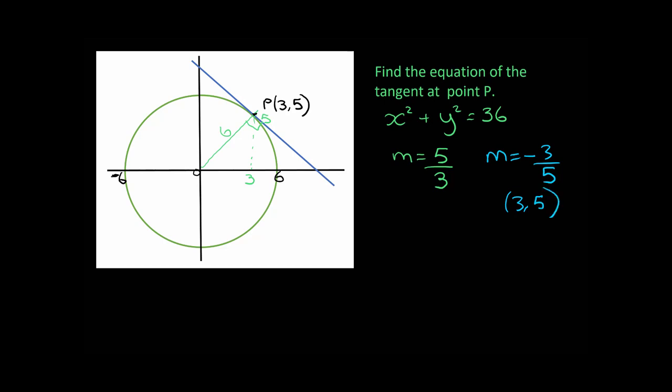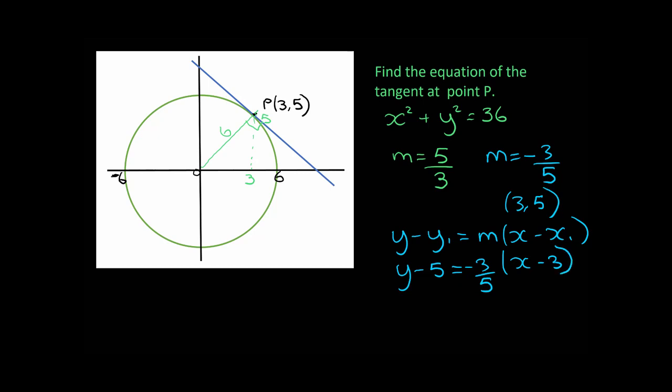So now we can work out the equation of that line. We're going to use y minus y1 equals m times x minus x1. So we've got y minus 5 equals minus 3 over 5 brackets x minus 3.